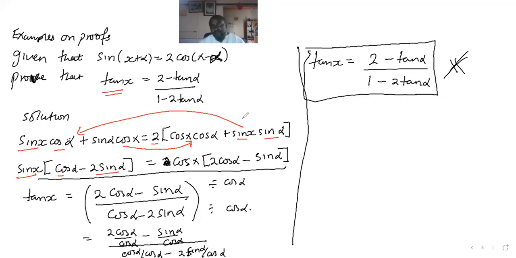Do you agree? Yes, teacher. Then on this second one, we have 2 cos x cos alpha. Because we are merging it with another cos x sine alpha, the cos x can be factorized out to give us 2 cos alpha minus sine alpha. Hence the solution.